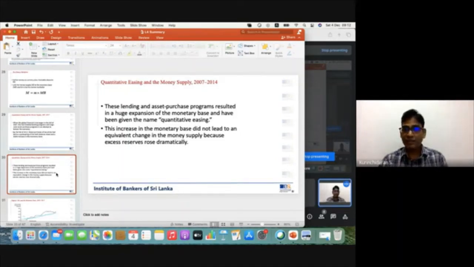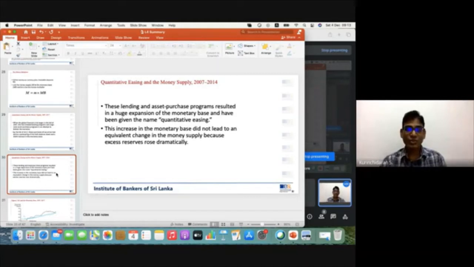When this monetary base expands, it doesn't mean you will have an equal change in the money supply, because, as we discussed, that cannot happen due to various reasons, because the public can hold money, or banks can have excess reserves.